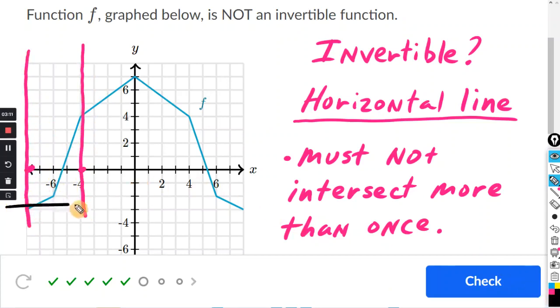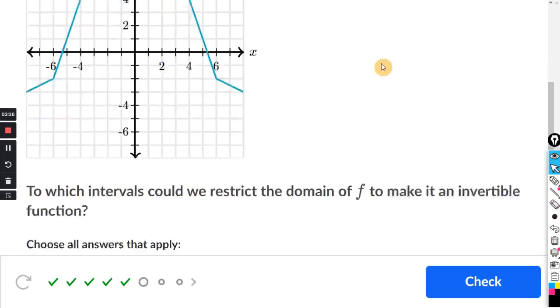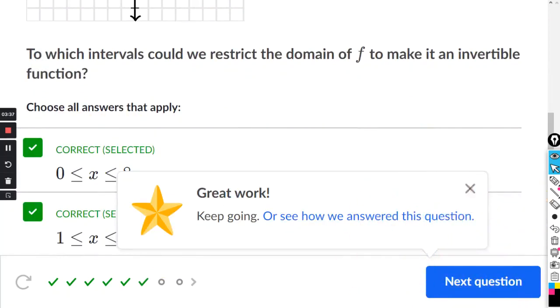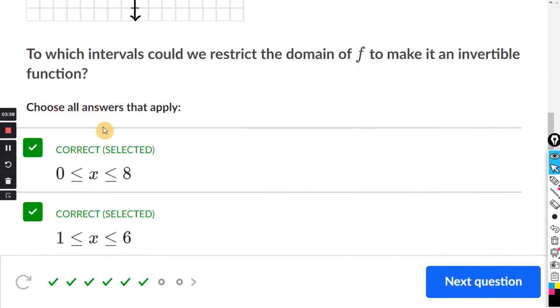No matter where you draw the horizontal line in between these pink bars, it works. It does not intersect more than once for each horizontal line. So that one also works. And that is all answers that apply. It might be more than one when it says all answers.